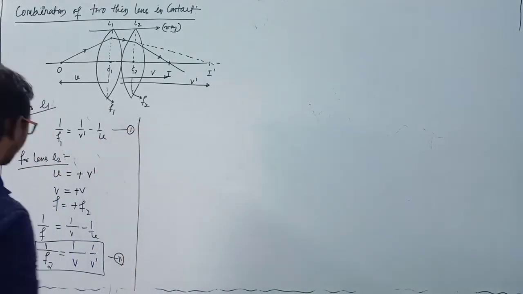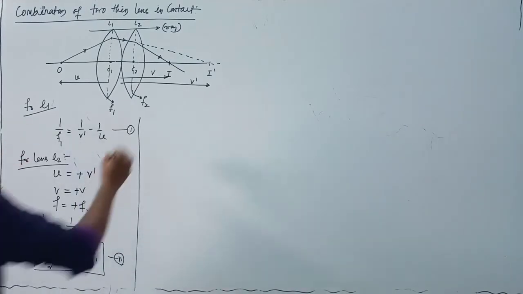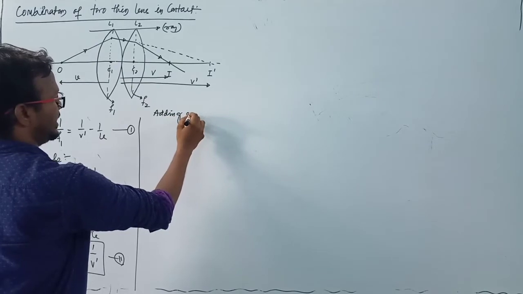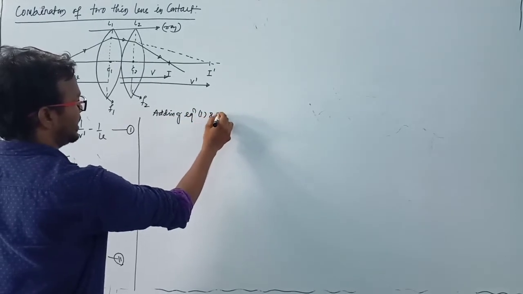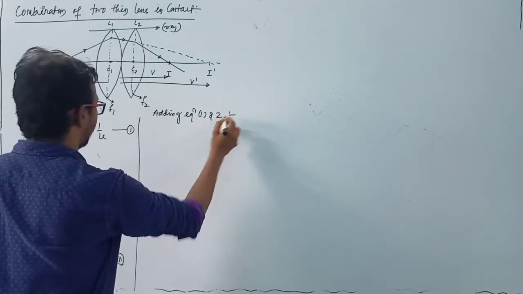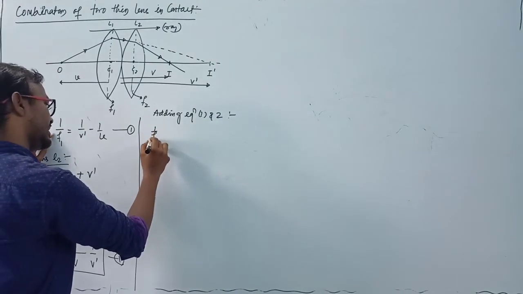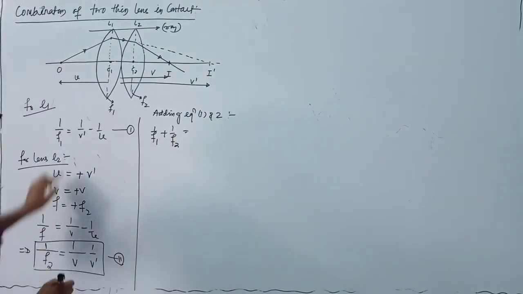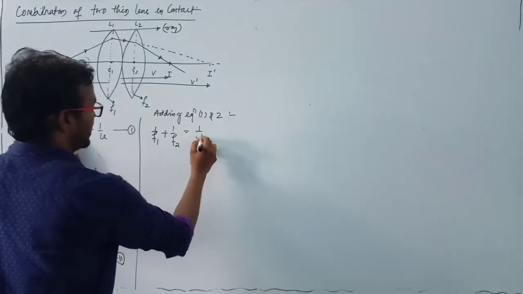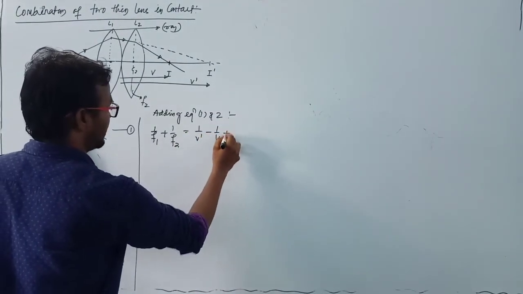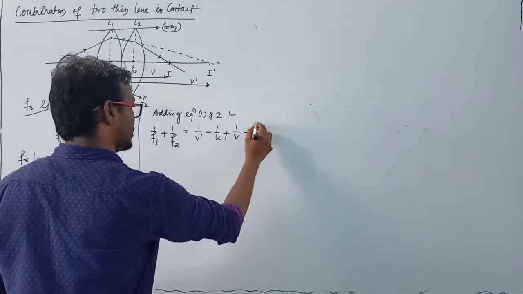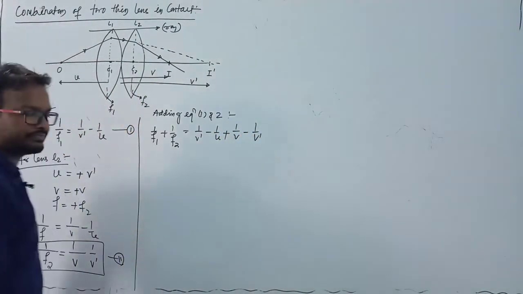Now adding equations 1 and 2, we can write 1 by F1 plus 1 by F2 equal to 1 by V dash minus 1 by U plus again 1 by V minus 1 by V dash.